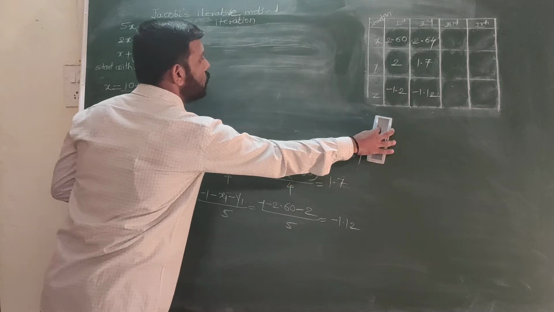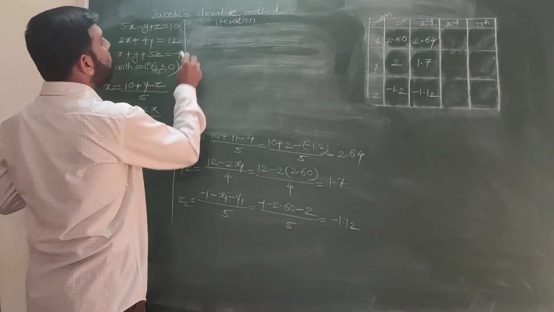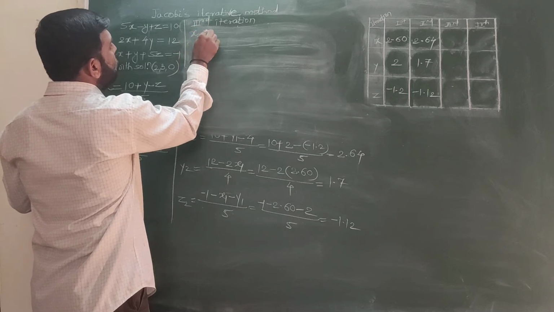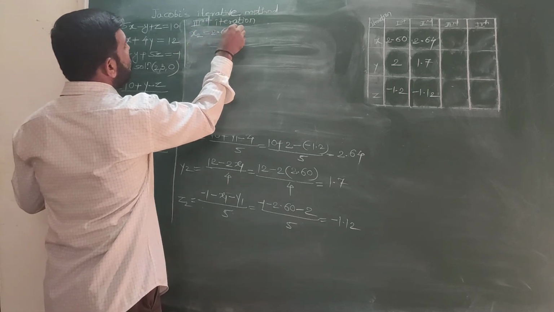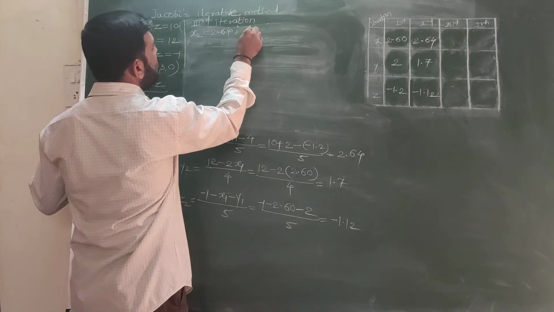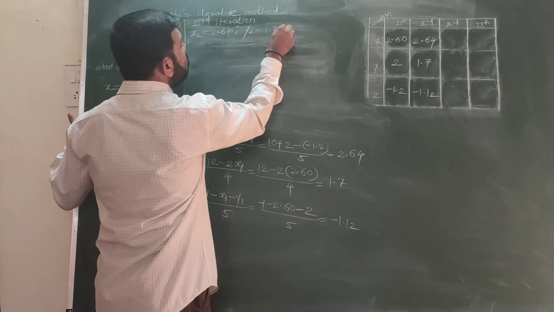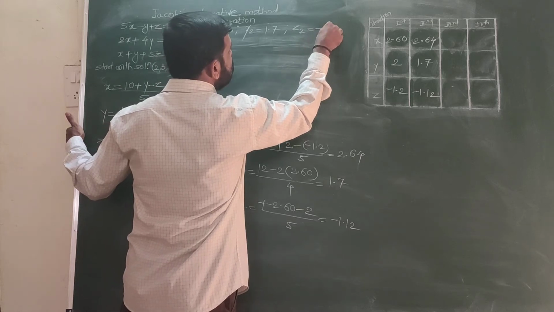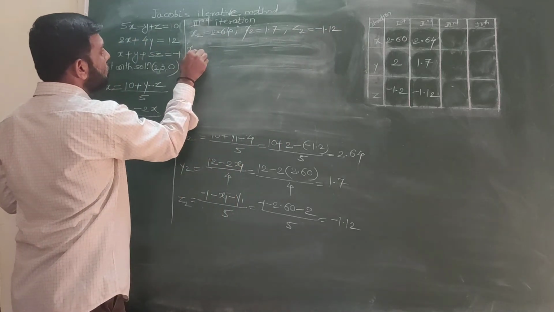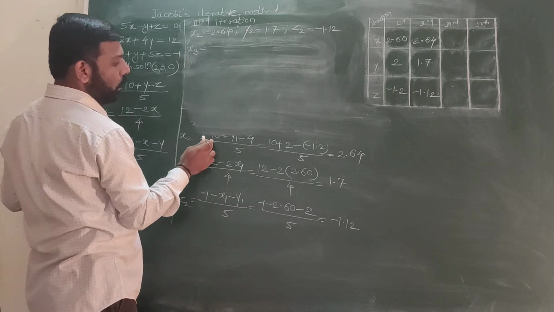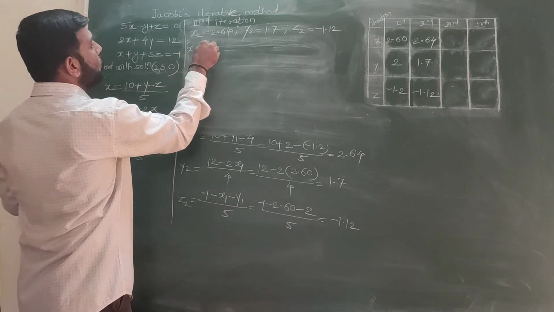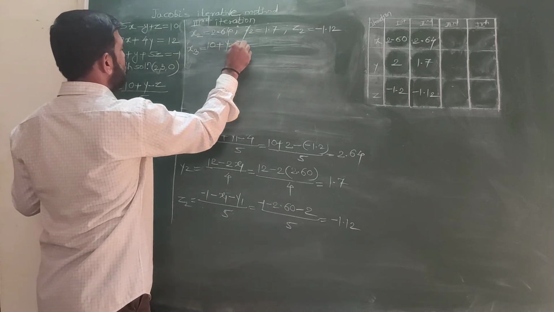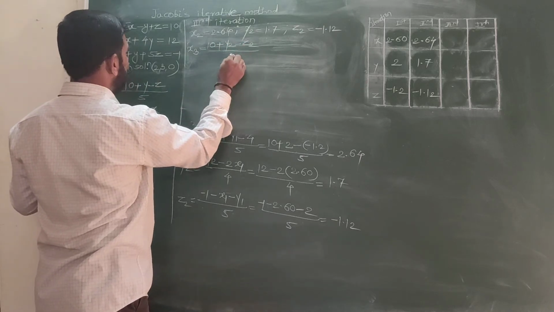Now I need this formula here. Third iteration: initially write down x2, y2, and then x3 becomes (10 plus y2 minus of z2) upon 5.